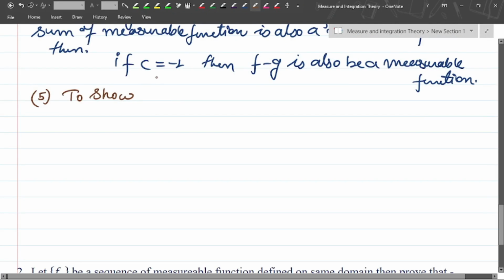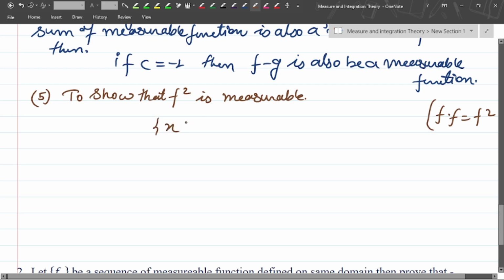To show that f squared is measurable. It means the multiplication of two measurable functions. We will just replace f with g. If x such that f squared of x is less than or greater than alpha, because all these are equivalent, so no worries.